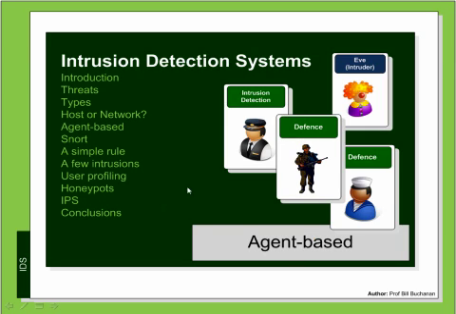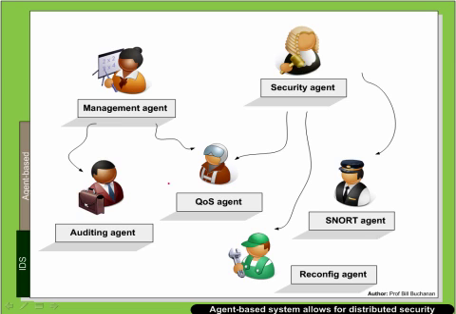Intrusion detection systems themselves are typically what are called agent-based. And with agent-based, we can split the objectives of the security system up into a number of hardware or software-based agents. So in this case, we might have an IDS agent. As we'll see, a Snort agent is one.